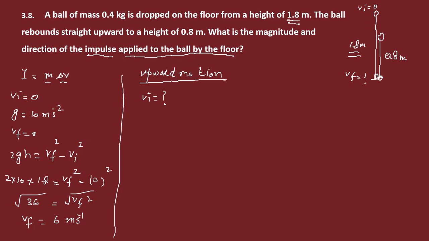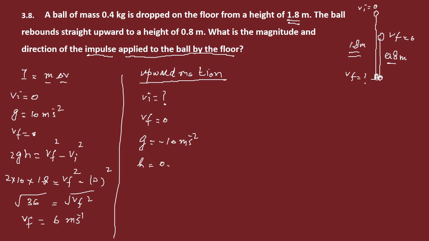When it reaches the highest point, its velocity becomes 0, so Vf in this case is 0. Since the ball is moving upward, the value of g will be negative 10 m/s², and the height it reaches is 0.8 meter.